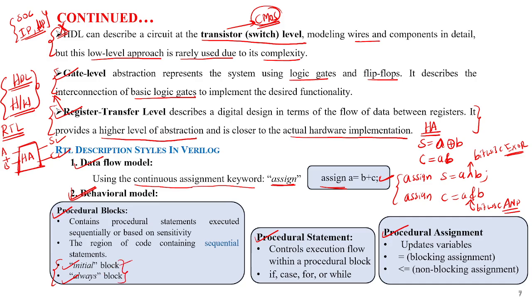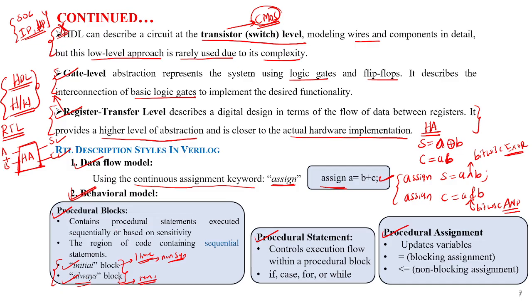The initial block is executed only one time. It is non-synthesizable, meaning we can't convert it into hardware. The always block is synthesizable. Always means forever or infinite, so it will execute infinitely.